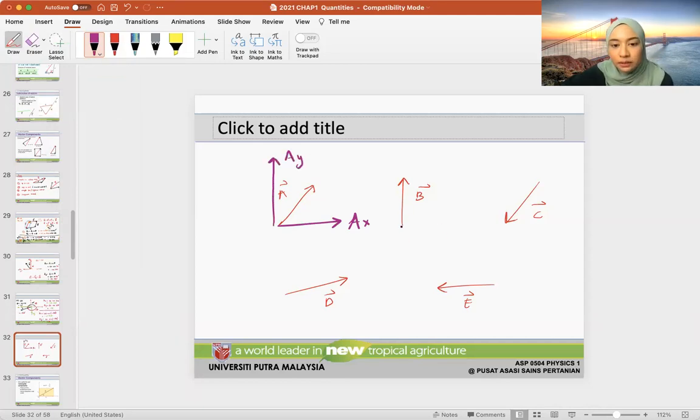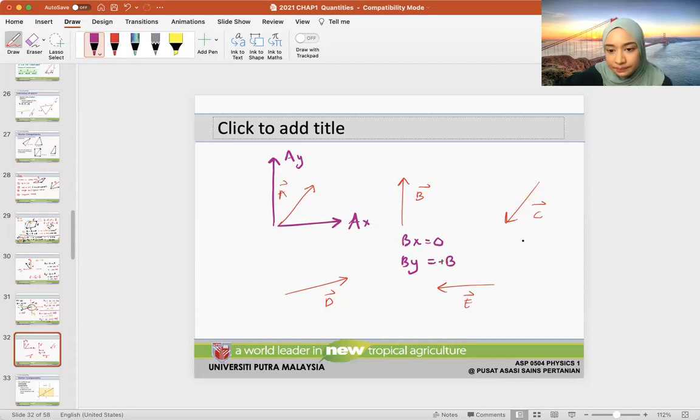Okay, what about B? 0 X component, correct. And what about the Y? Positive. And it's just equal to B actually, because your X component is 0. Okay, and it's a positive, correct.